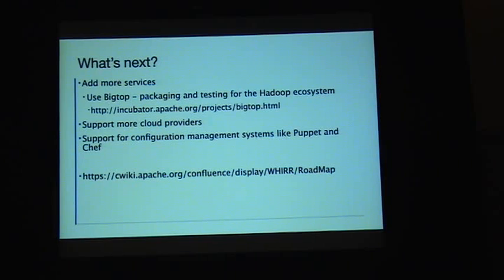And so there's a group of people working on Puppet support at the moment. If you want to find out more, you can go to the roadmap wiki page, which goes into great detail about some of the things we're working on and links to the Jira with all the gory details. So if you're interested in contributing, I definitely recommend that you visit that page.